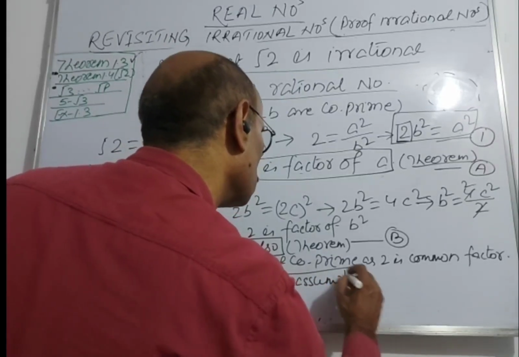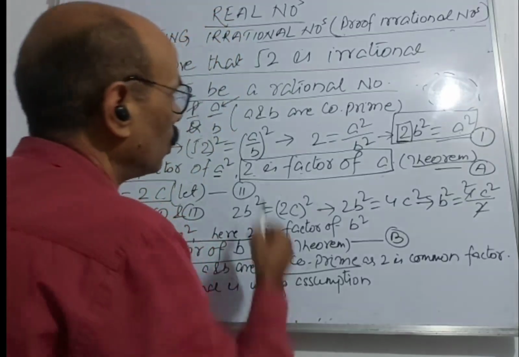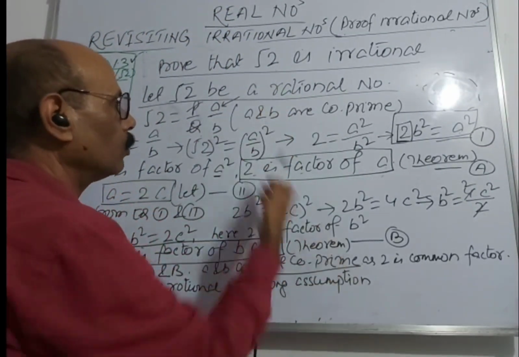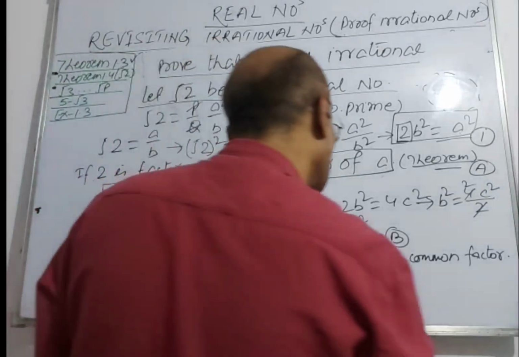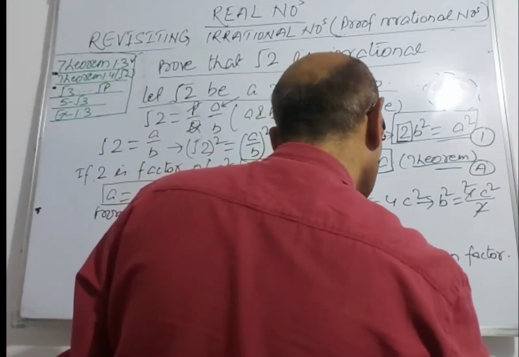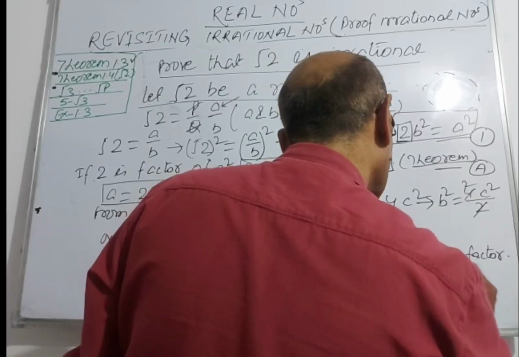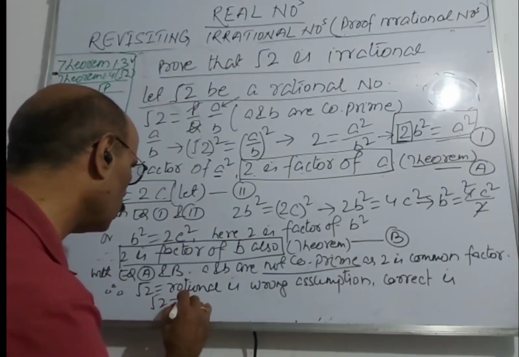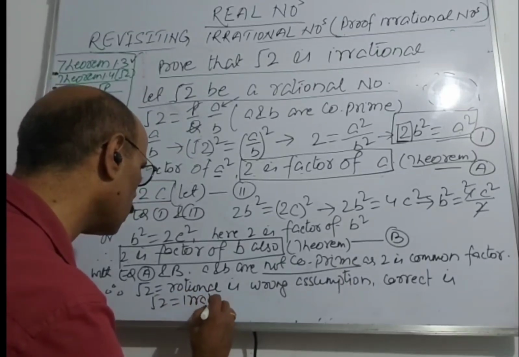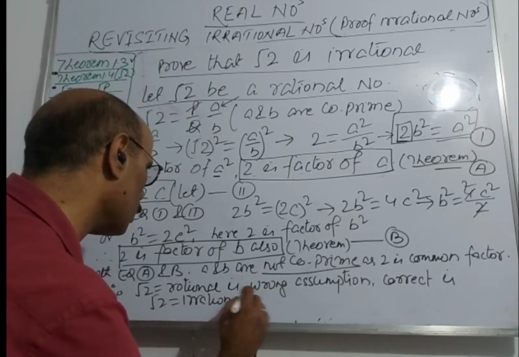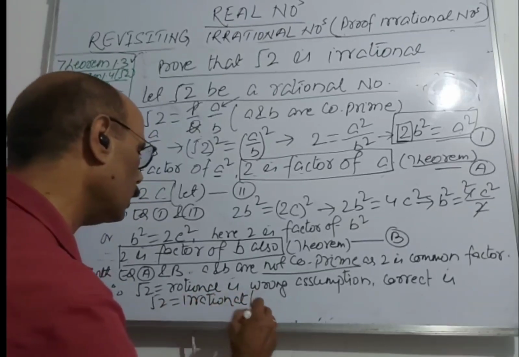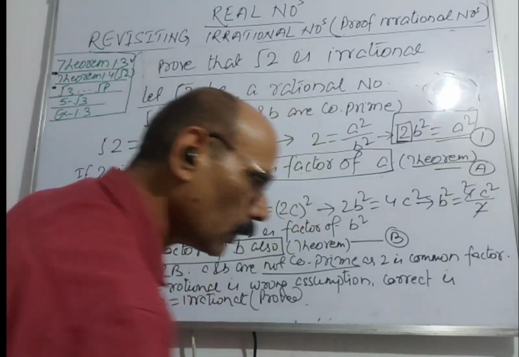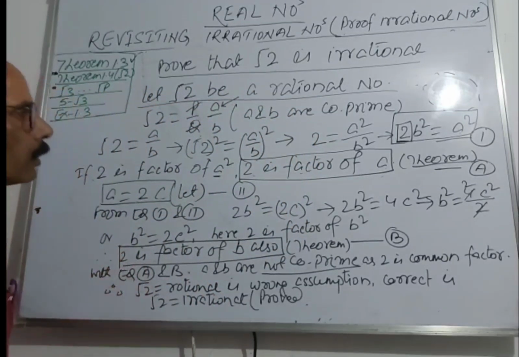It was not a correct assumption because a and b should be co-prime, but we have proved it is not co-prime. So the correct statement is root 2 is irrational, and that is proved.